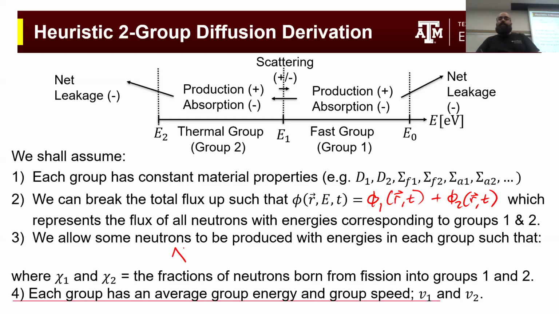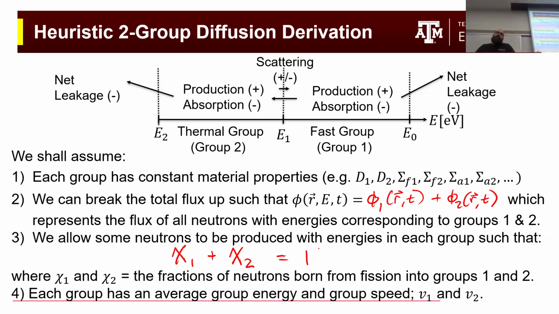I'm going to use chi1 as the fraction of neutrons born into group 1 from fission, plus chi2, the fraction born into the thermal group. These are both fractions of the total number of neutrons born, so these two fractions have to add up to 1.